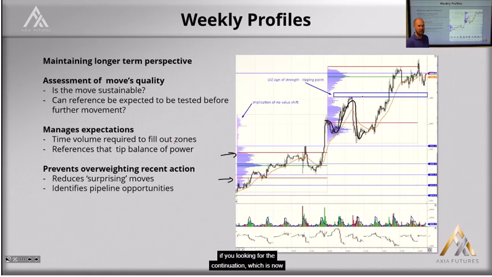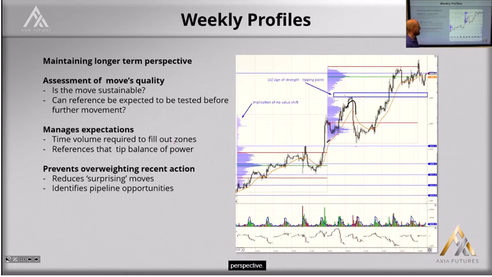If you're looking for the continuation, which is now becoming more and more clear and more viable, now you can play for it because we have shifted value up. So over these 2 weeks, you've essentially got value down here and now value building higher. You have more of a longer term trendy move. Now you can look for breakouts. Now you can look for continuation. So it comes to Wednesday and Thursday where you actually get the move. And this isn't a surprise if you're looking at it from a weekly perspective.